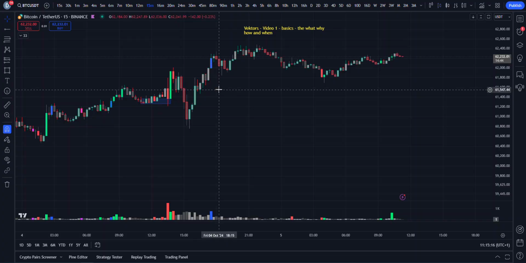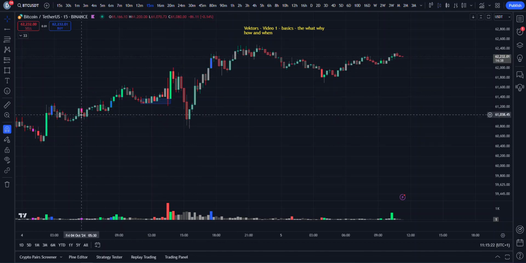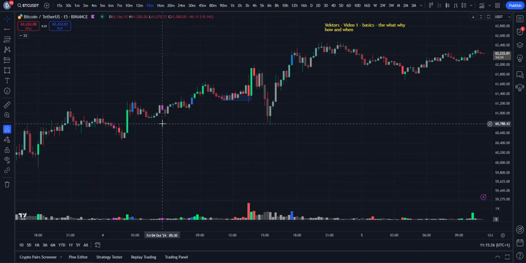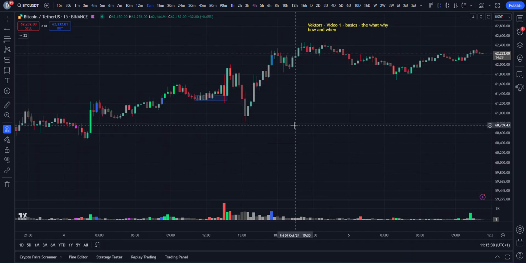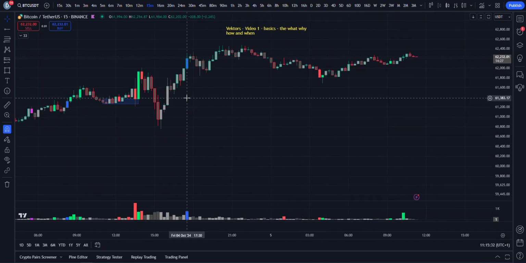So blue is 150% of the previous 10 candles. Violet, or purple, is buy 150%, and pink is sell 150% of the previous 10 candles. Where vectors appear, there's a different strategy to figure out what to do when, but that will be discussed in a future video.